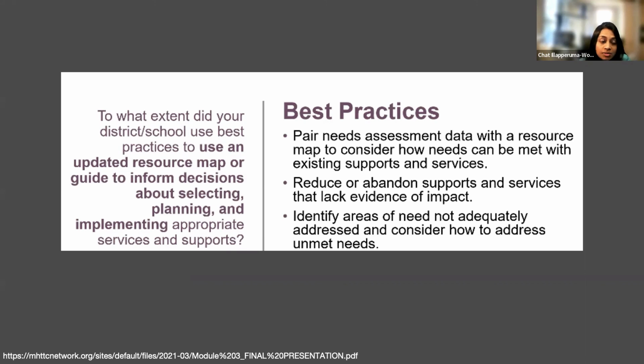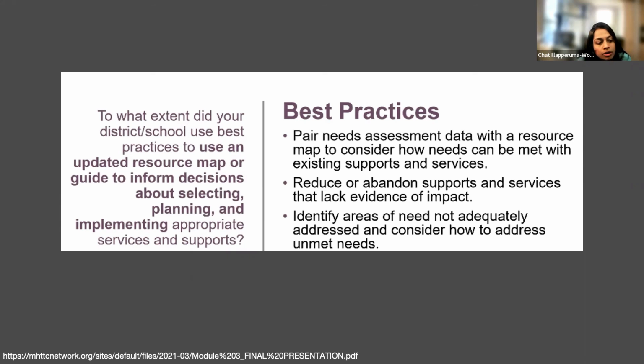For example, last month you created a resource map and you update it monthly. The following month you all sit together as a team and you hear that one of these resources in your map is short-staffed. They may be closing down in the future. So a question would be, do we want to continue having that support or listing that support in our resource map?